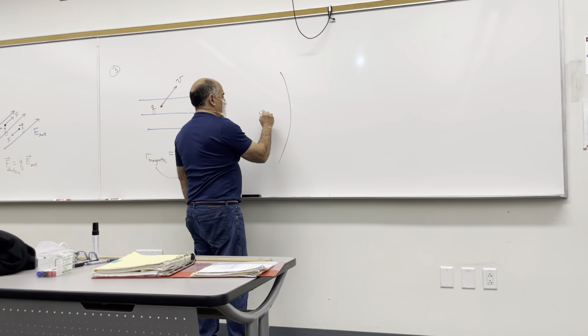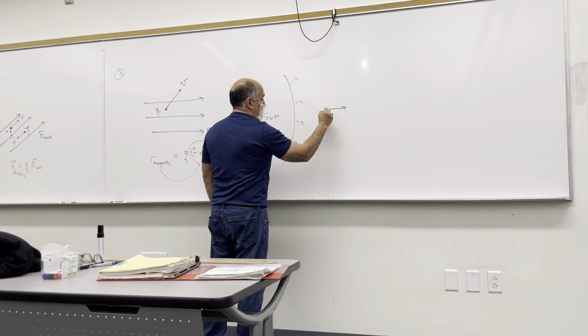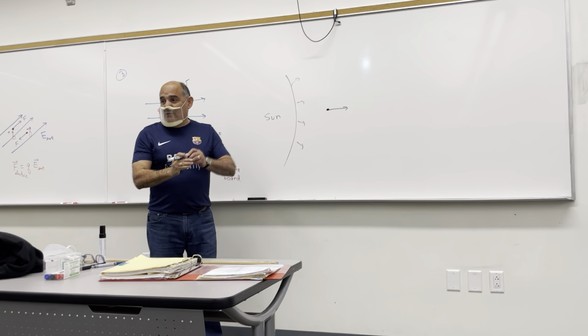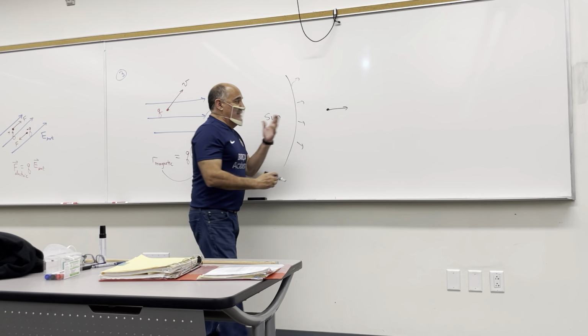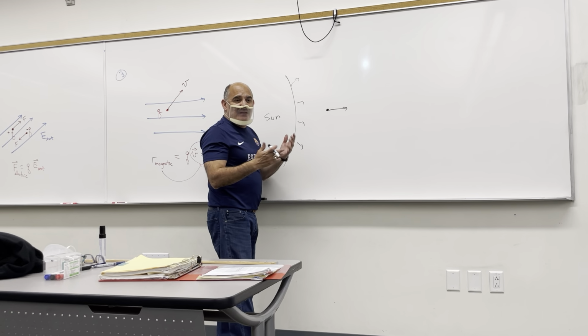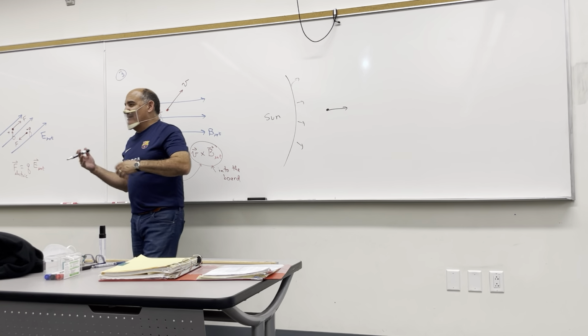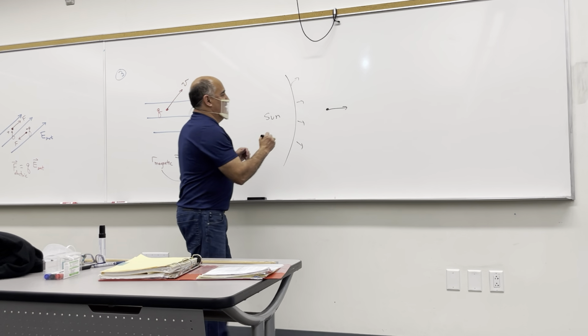So this is the sun, it shines light, but sometimes it spits this way, and that's matter that's just coming this way. The sun is mostly hydrogen, roughly 75% hydrogen, 25% helium, and traces of other heavy elements.